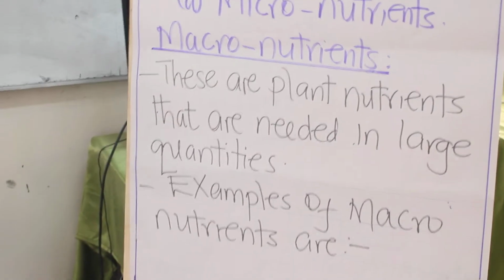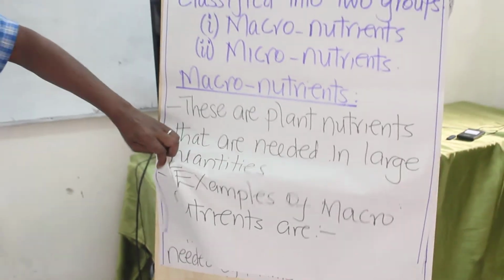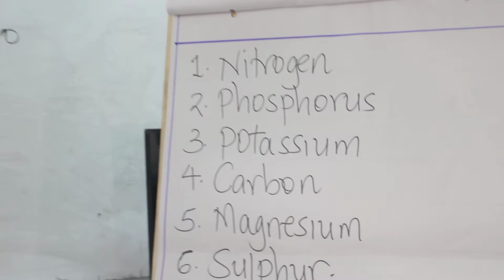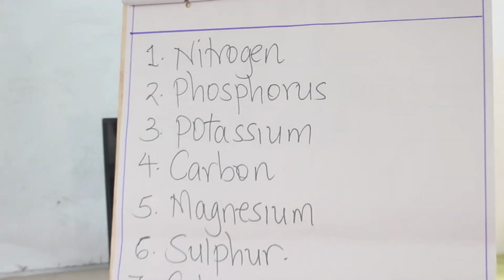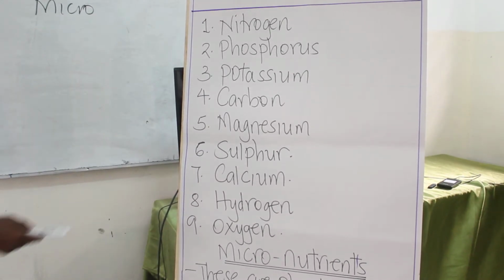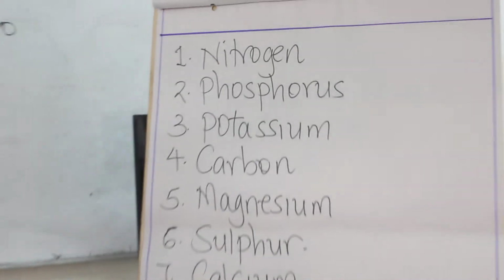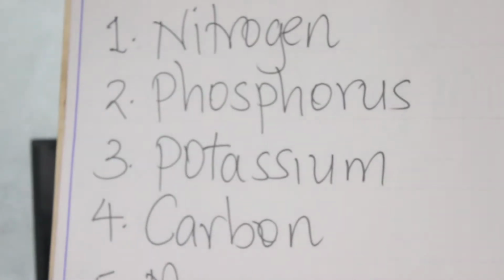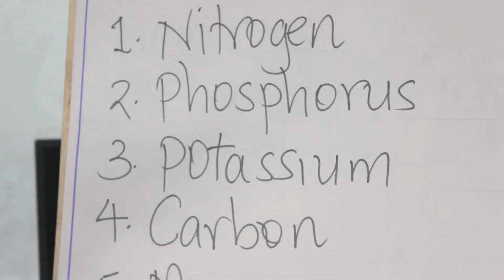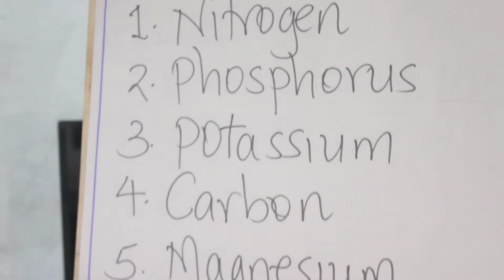Examples of these macronutrients are the following. Number 1, we have nitrogen, one of the major plant nutrients. Number 2, phosphorus. Number 3, potassium. Number 4, carbon.